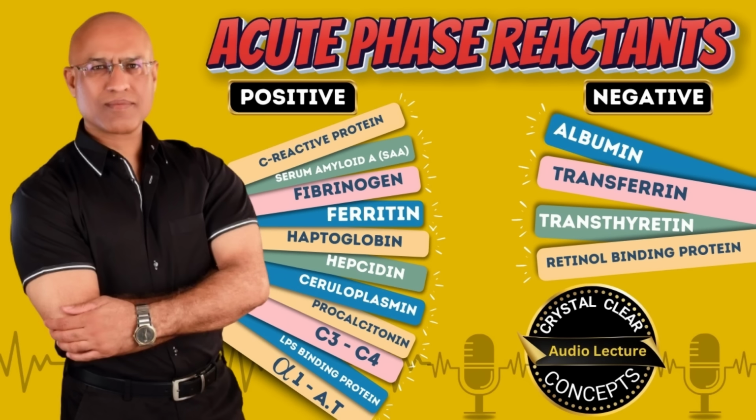So our body changes certain plasma protein levels in such a way that iron is not easily available for pathogens.